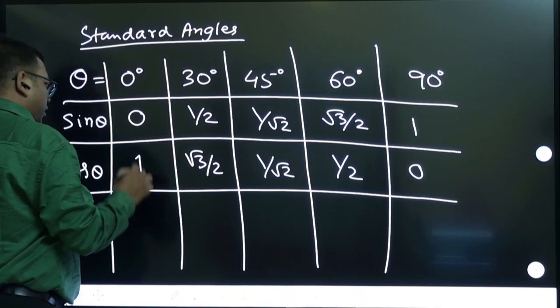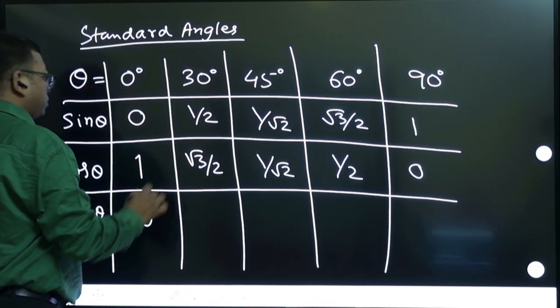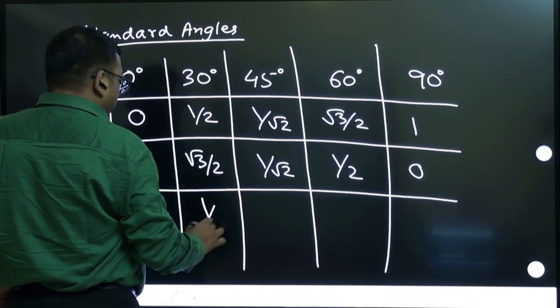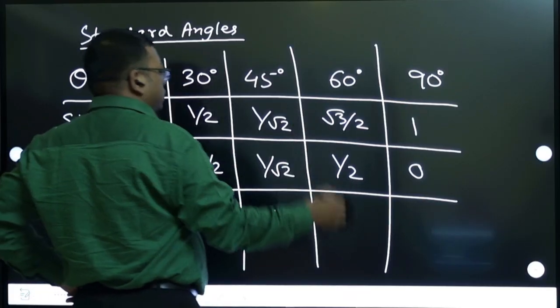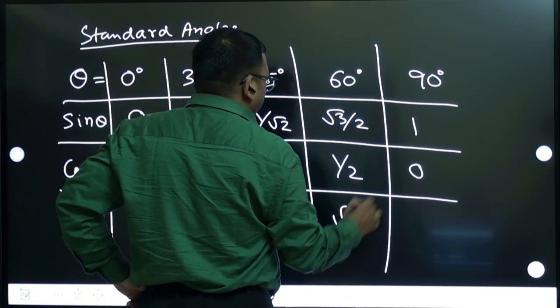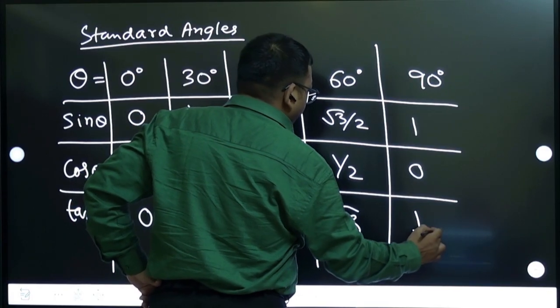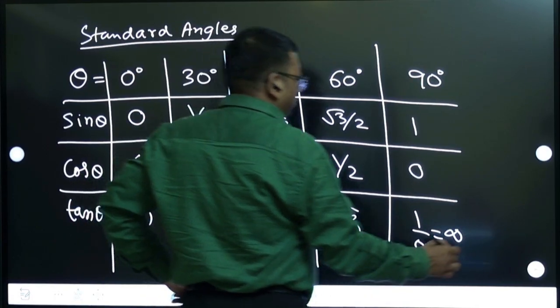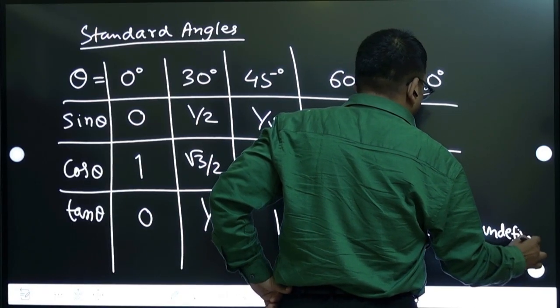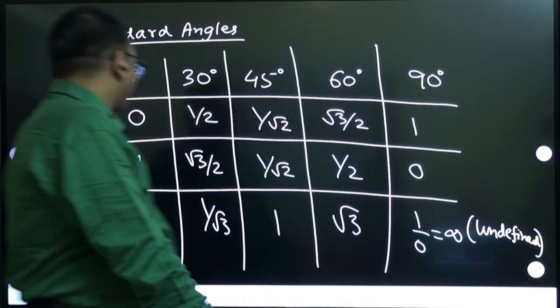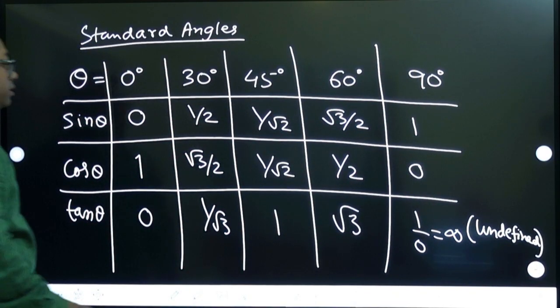Tan is the ratio of sin by cos, so 0 by 1 is 0; for 30 degrees, 1 by root 3; for 45 degrees, 1; root 3 for 60 degrees; and 1 by 0 becomes infinity or undefined. Okay, right. So these are the standard angles.